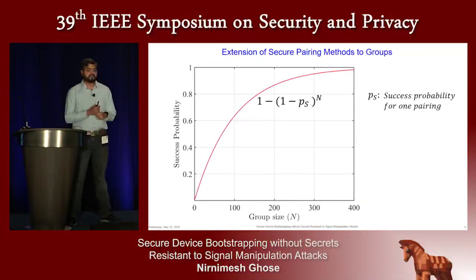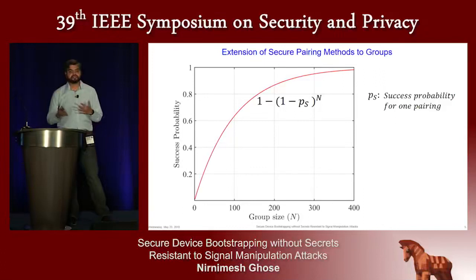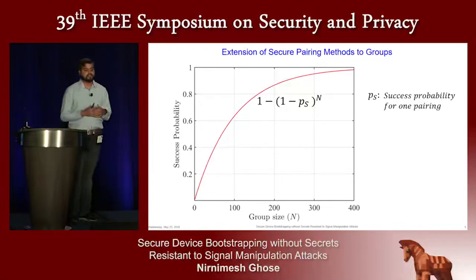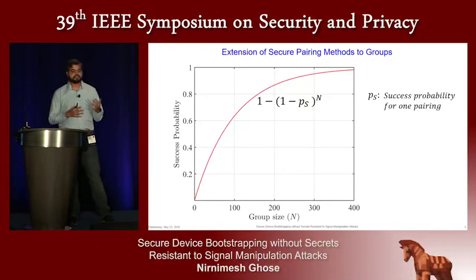But the main problem in extending a secure pairing protocol to a group setting is that the success probability for an adversary increases with the increasing group size. In this plot, we show the success probability for an adversary for breaching any pair in the group versus the group size n.